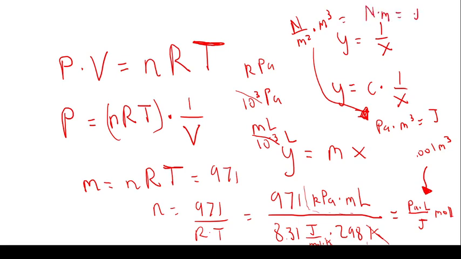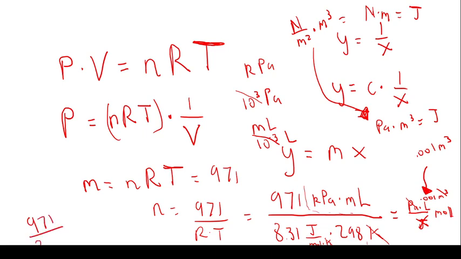That is the SI unit of joules. So once we convert this, instead of pascals times liters, we have pascals times 0.001 meters cubed. The pascals and the meters cubed equal a joule, and they will cancel out with joules, and we'll just be left with moles finally.